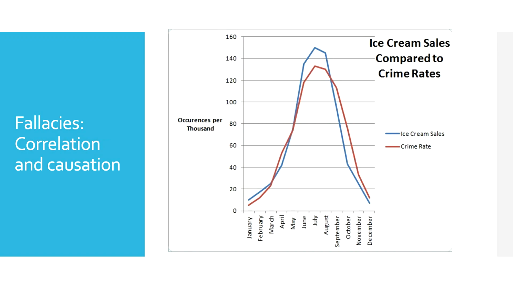So we've touched upon fallacies before, and correlation and causation. We've seen this slide previously where ice cream sales are compared to crime rates and they both go up and down and are potentially correlated.